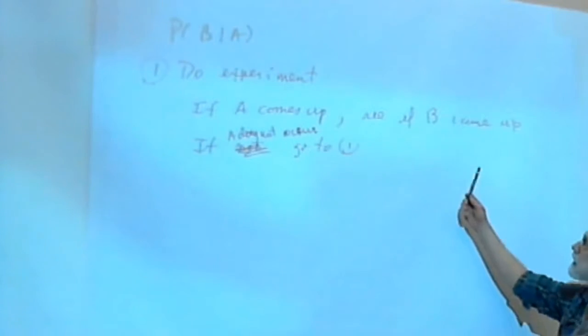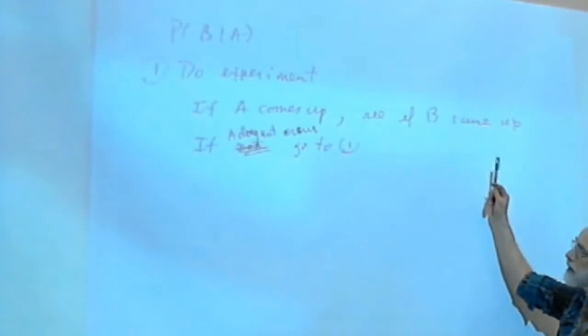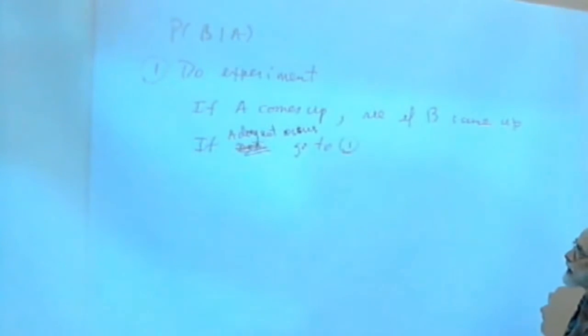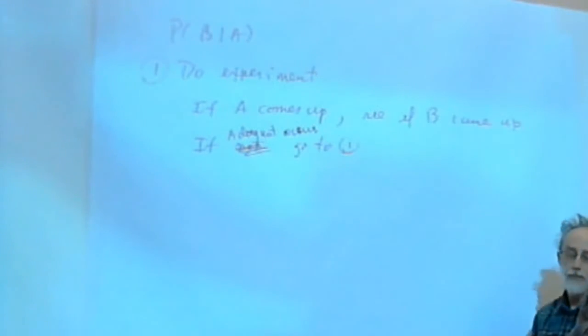And you just go back and do this again. And I claim the probability of B given A is the number of times I see this divided by the number of times A comes up.